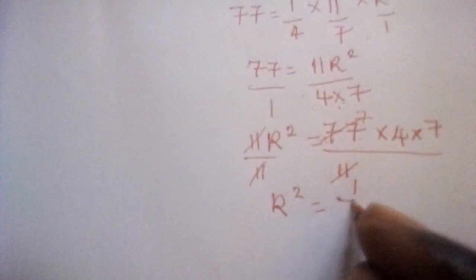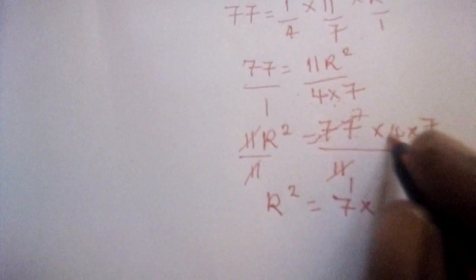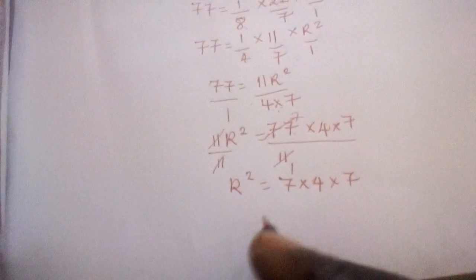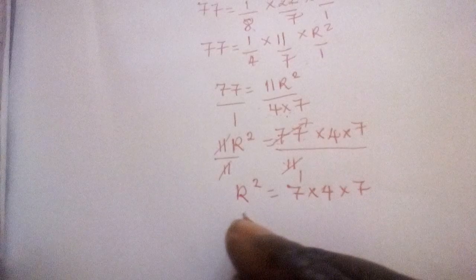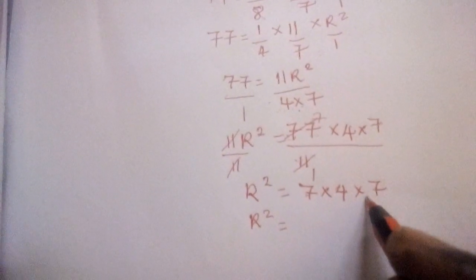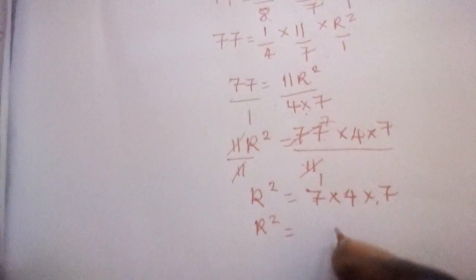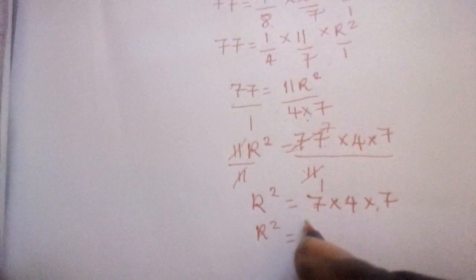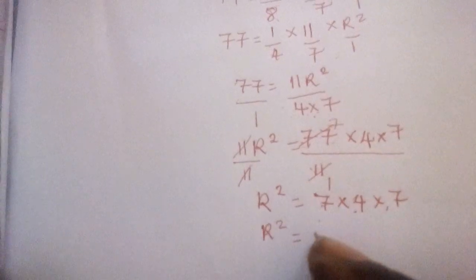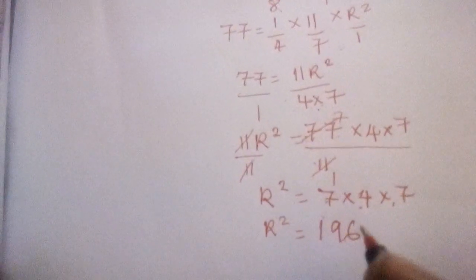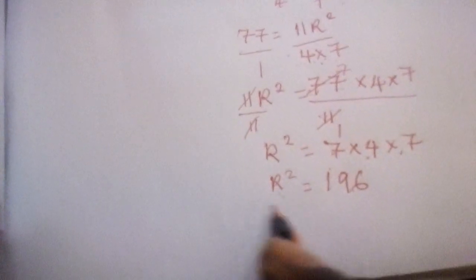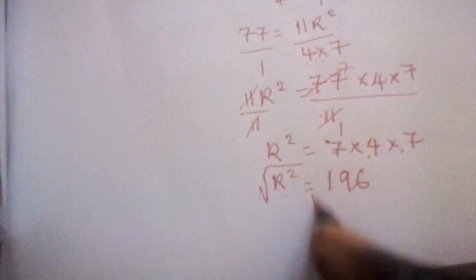So you have 7 times 4 times 7 there. So we have R squared equals to, now 7 times 7, you're supposed to know this, it's 49. Then 49 times 4 gives us 196. We are looking for radius, which is R, and not radius squared. So we introduce the square root on both sides.